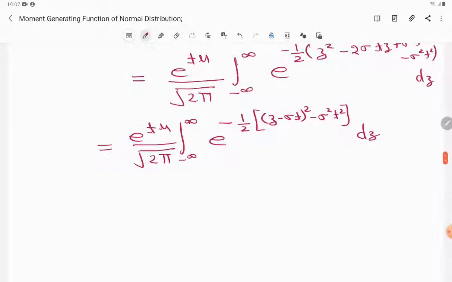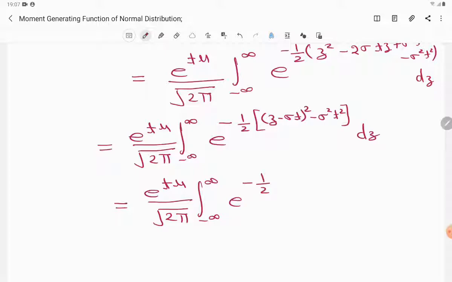Because I mentioned earlier, e^(a+b) is e^a into e^b. Again I will use that and write these two terms separately. So minus infinity to plus infinity, half (z - σt) whole square, and e to the power, with a minus sign here and a minus sign here.